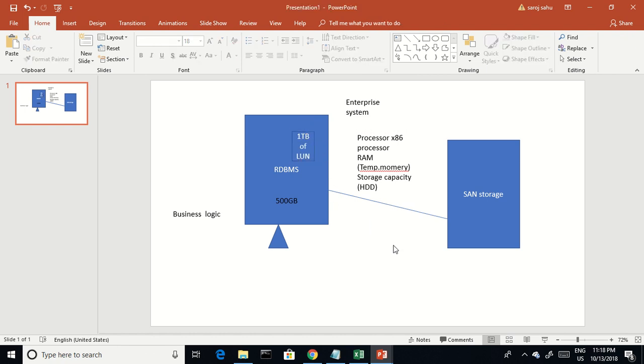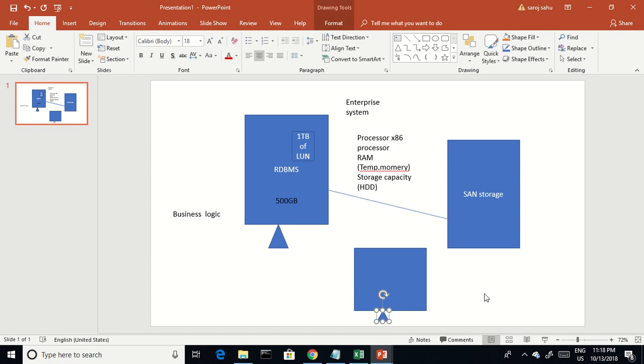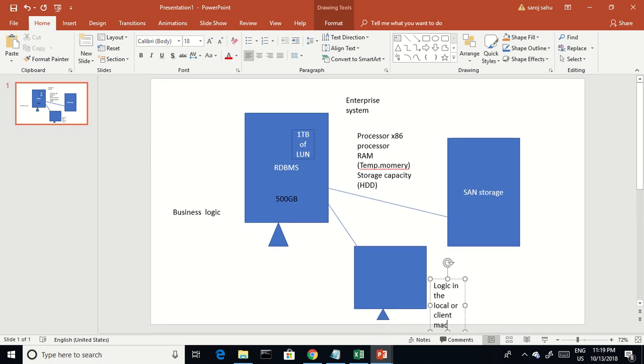But while processing, I have a client machine and I want to process some data which is present in the RDBMS system. So while processing, I have the logic in my local machine, the client machine.